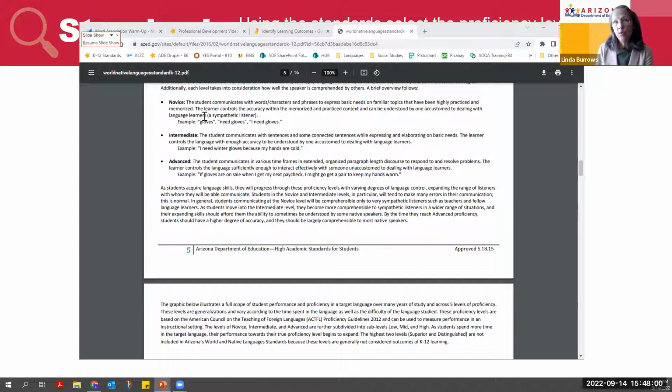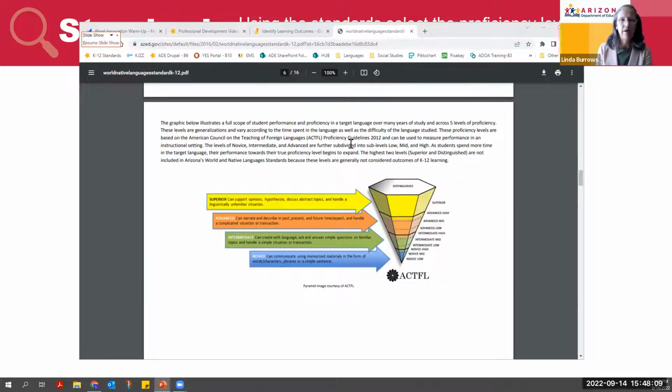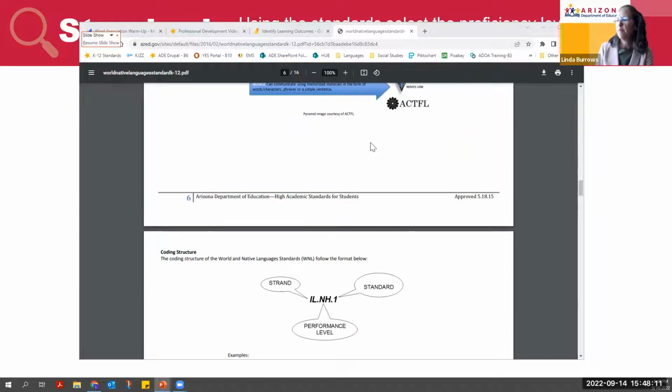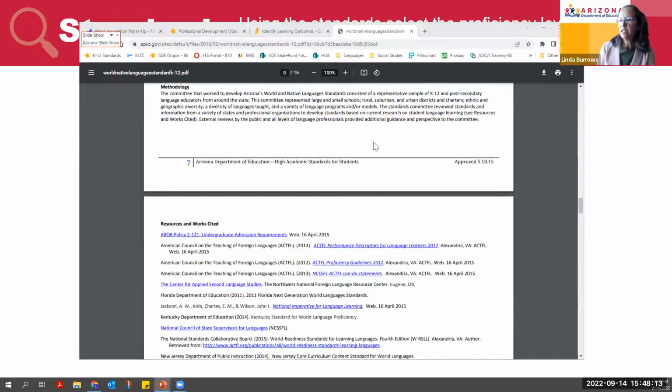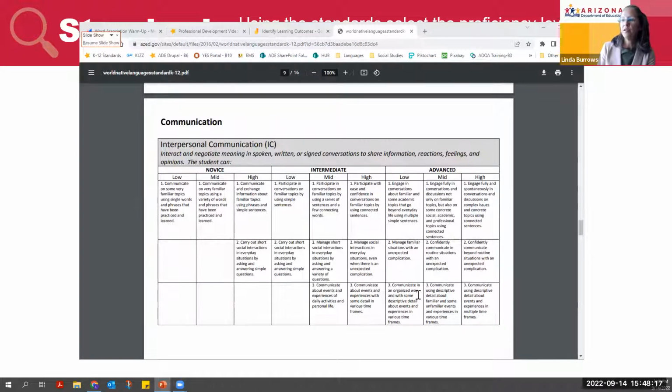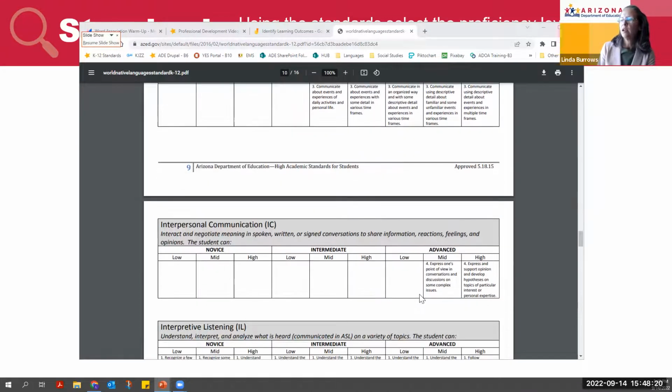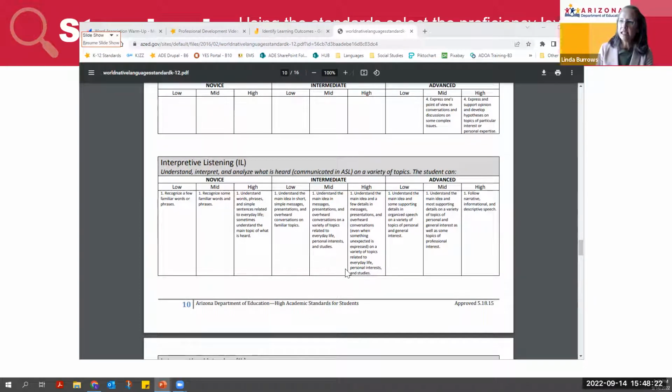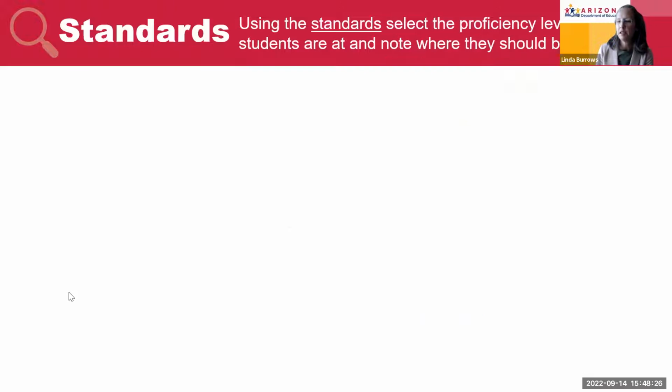Once they get to any kind of learning outside after K-12, then you can see some learning at the superior or distinguished level. But take a minute and scroll through the standards here. You can see our communication standards for interpersonal communication. We have interpretive listening standards, and again, they're done by proficiency levels.